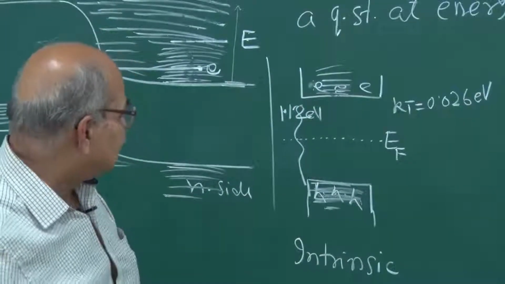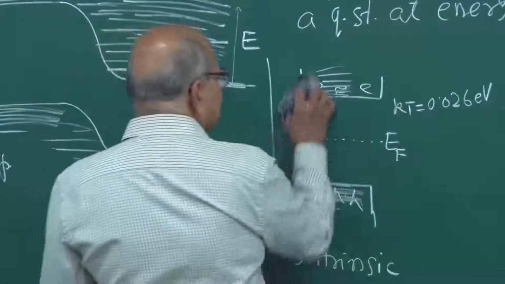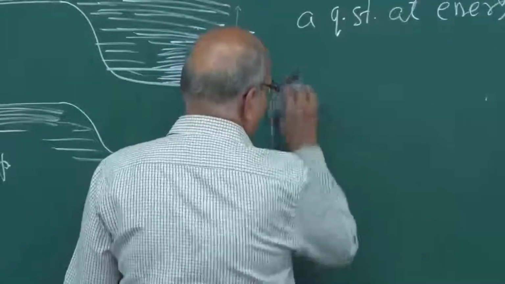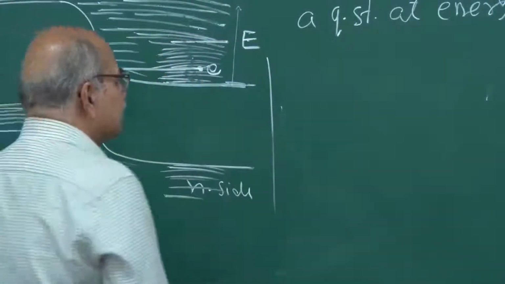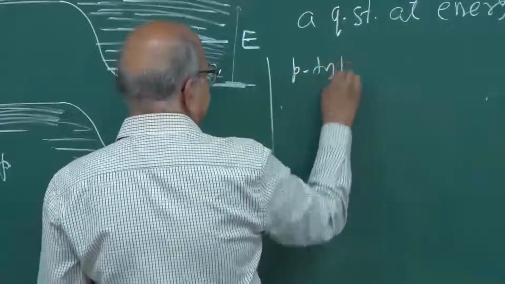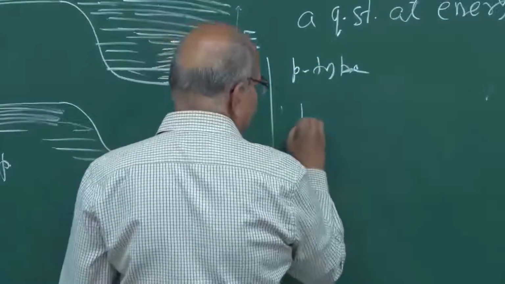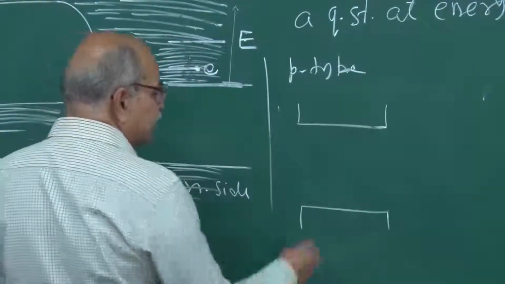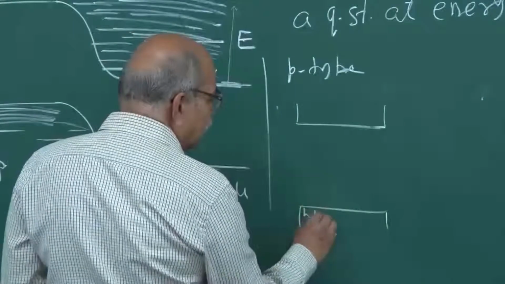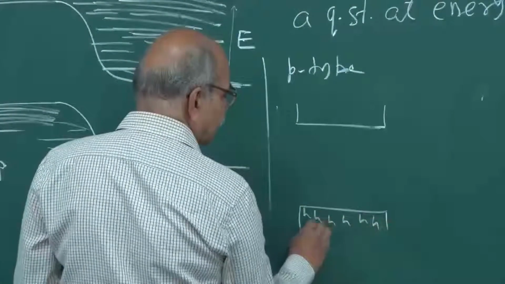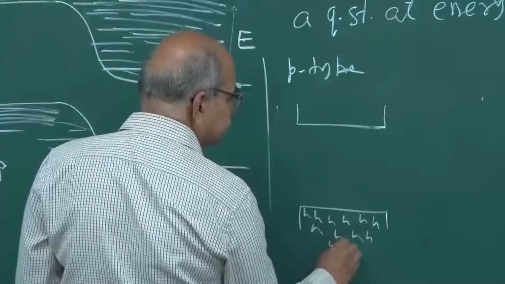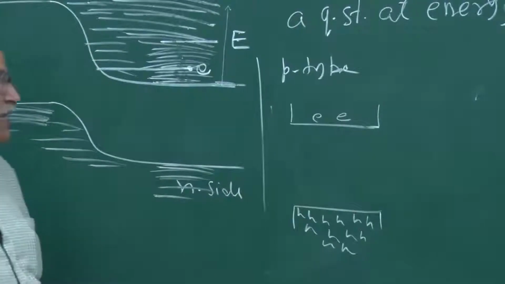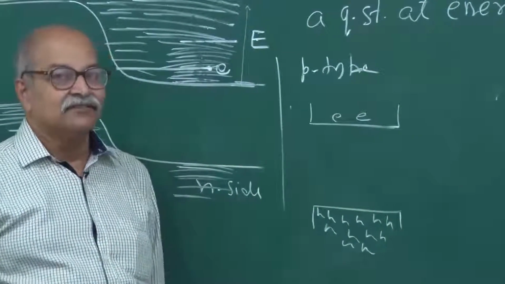And if you have a p-type semiconductor, what happens? You have the conduction band here and the valence band here, and you have many holes and few electrons. So where do you think the Fermi energy is?